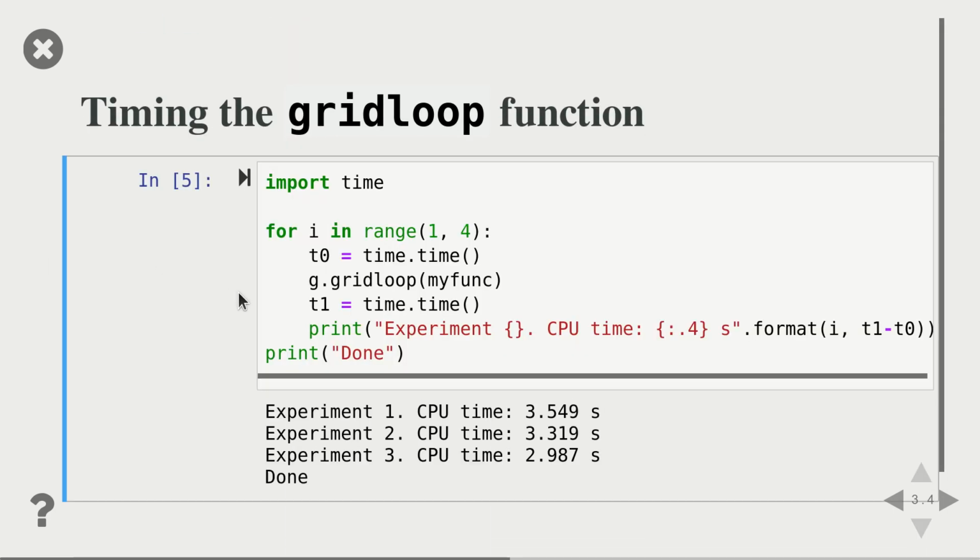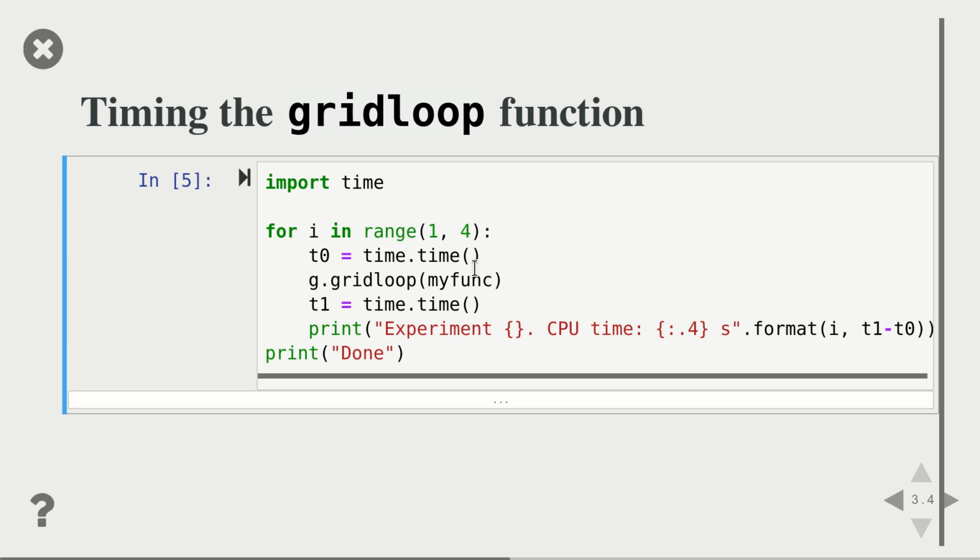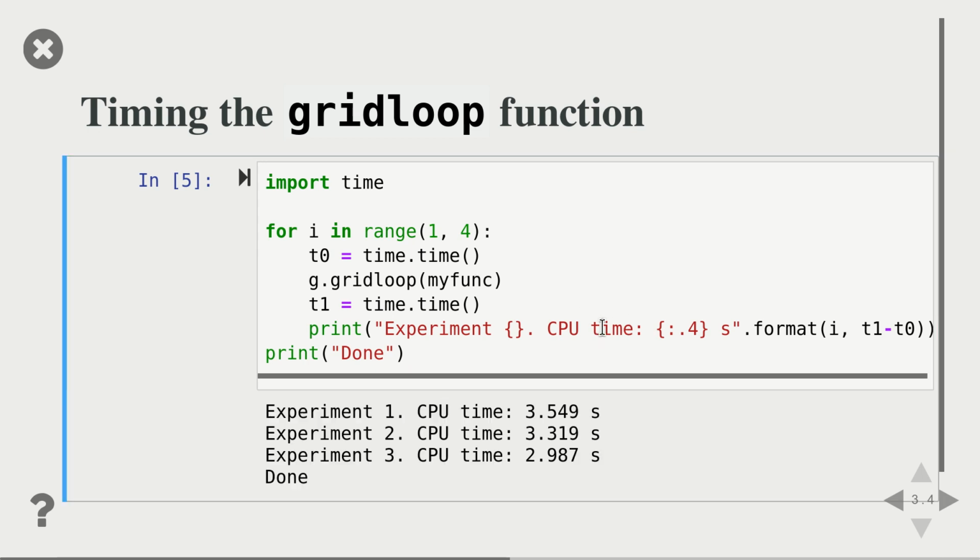And then we do exactly the same thing for the grid loop function. So again, I do 3 experiments, and now I time the grid loop function. That's the only difference. If you run this, then we get these timings, and we can see that the grid loop function takes roughly 3.